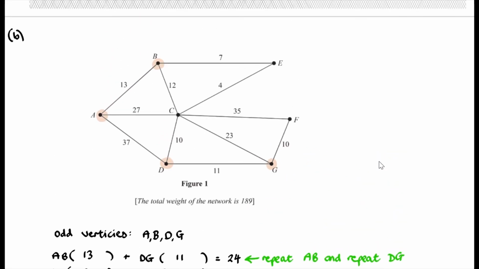So we have to repeat AB, that has length 13, and DG, that has length 11.